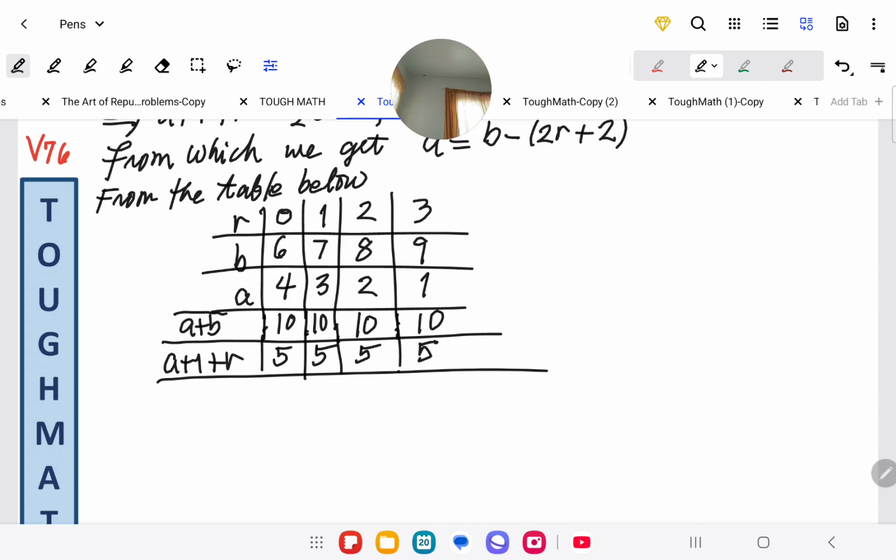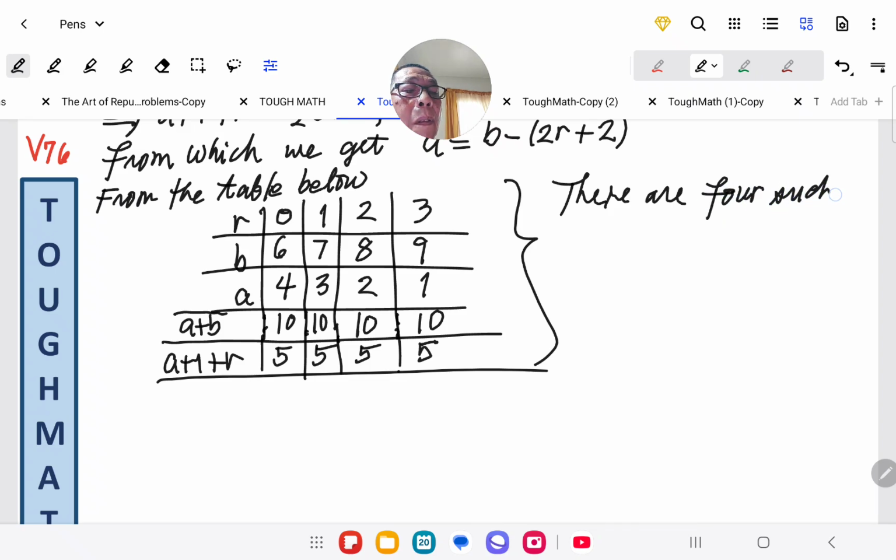This means that, from this, we conclude that there are 4 such two-digit numbers.